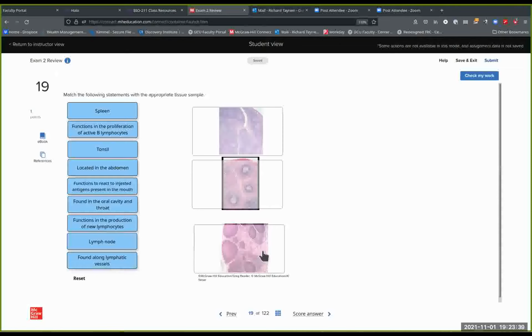You see this big medulla down here, surrounded by these kind of germinal centers there. So that's lymph node. Tonsil. I think that's this one here.